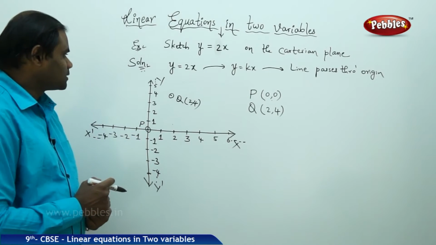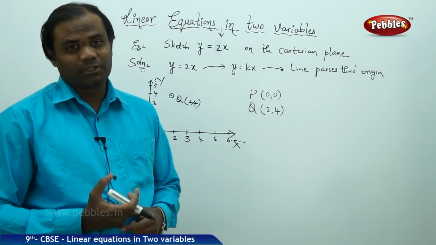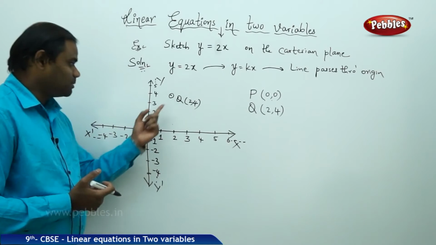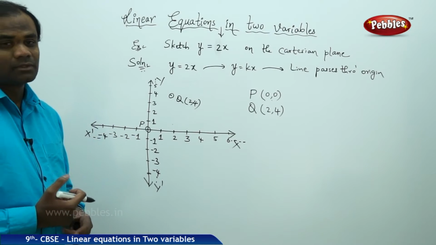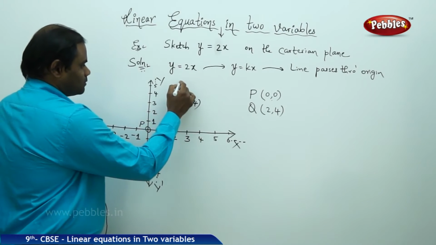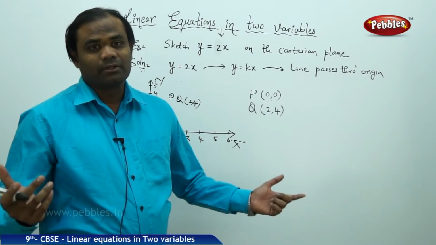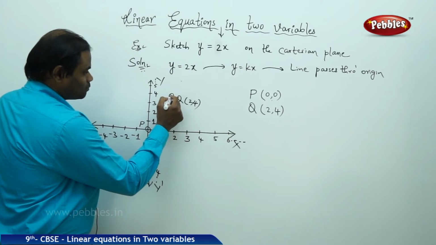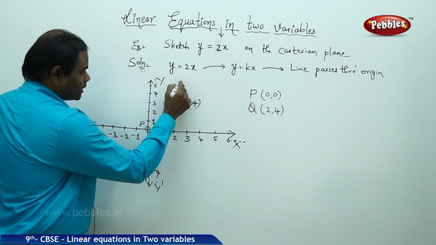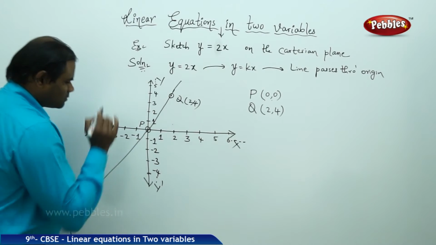Now, as we know that to draw a line, a minimum of 2 points are essential. Now that we have got the points P and Q in the Cartesian plane, it's about sketching the line. Sketching the line is about joining the 2 points and extending the line on either side. So here I just join P and Q and extend in this manner.